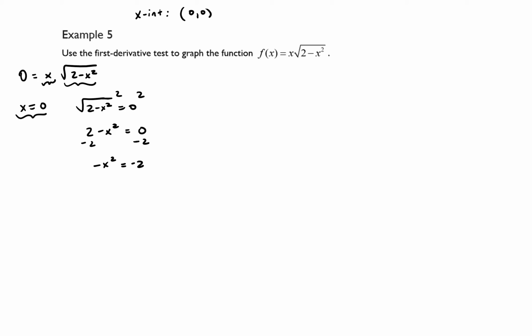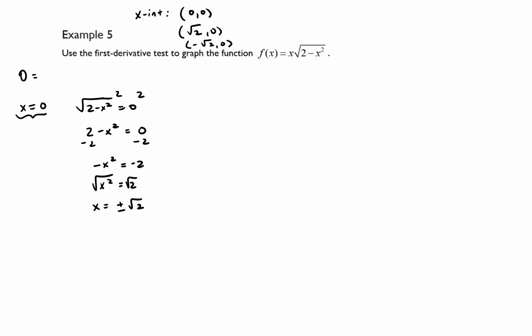Then if I divide both sides by -1, I get x squared is equal to positive 2. And then if I take the square root of both sides, I get x is equal to plus or minus the square root of 2. So now there is an x-intercept at (root 2, 0), and another one at (negative root 2, 0). Okay, so we've solved for our x-intercepts.